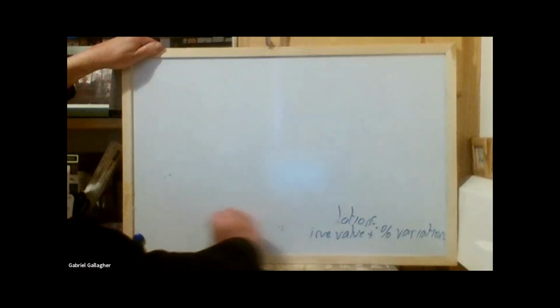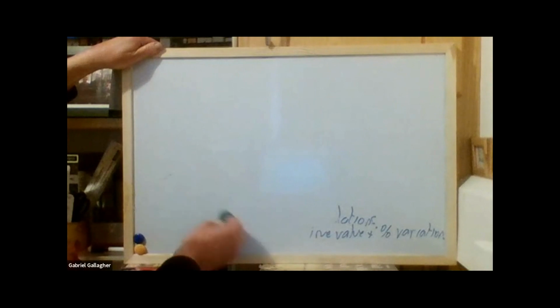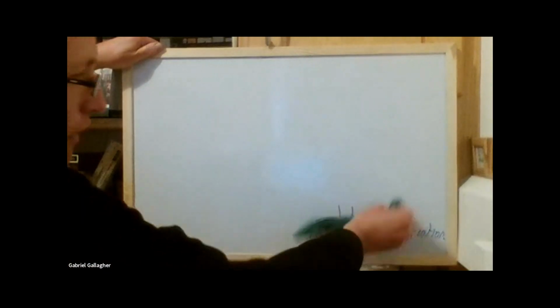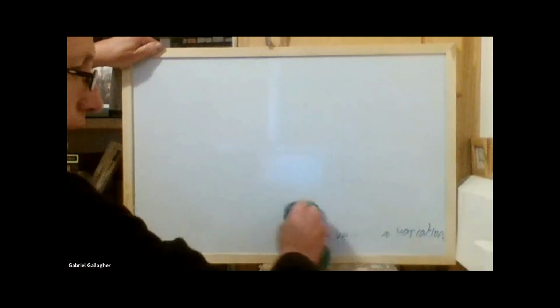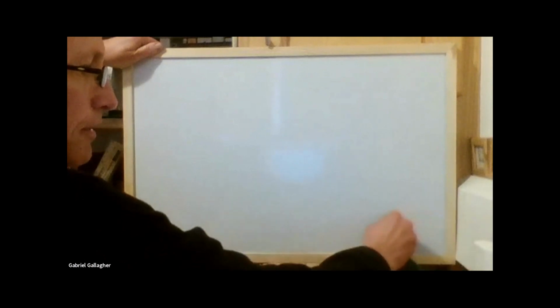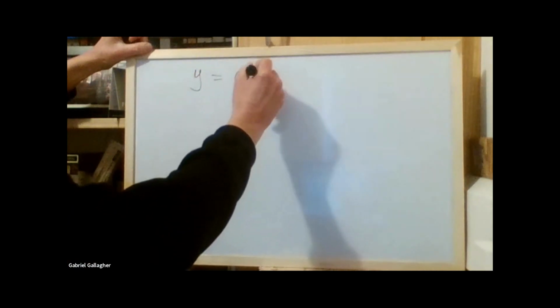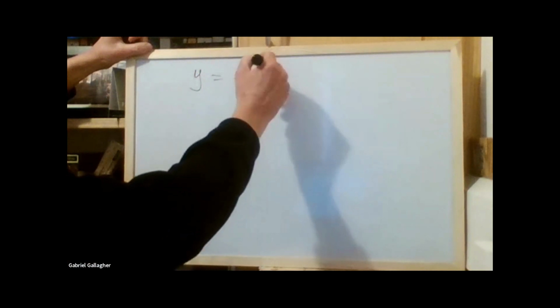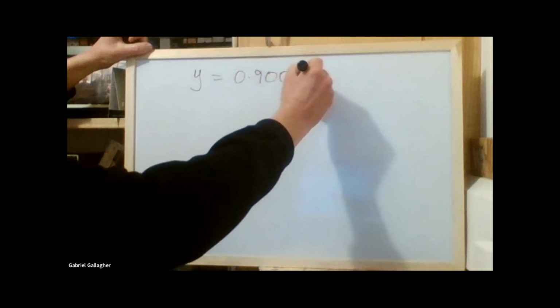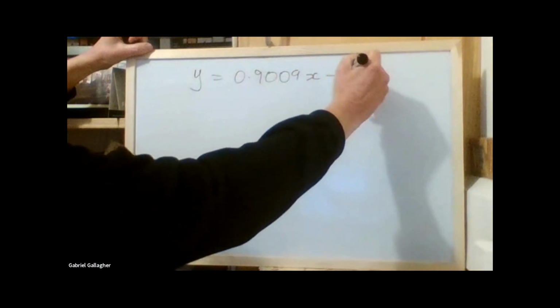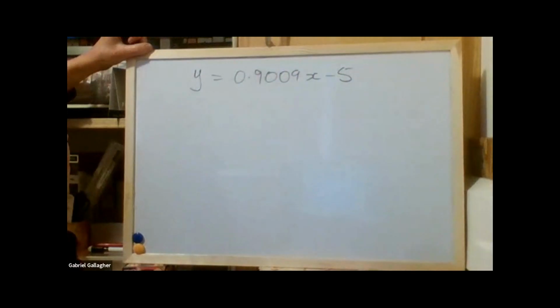If you're plotting a graph, it's a great way of obtaining an answer from an experiment. When we looked at that, the equation that came up was 0.9009x minus 5 or something like that.